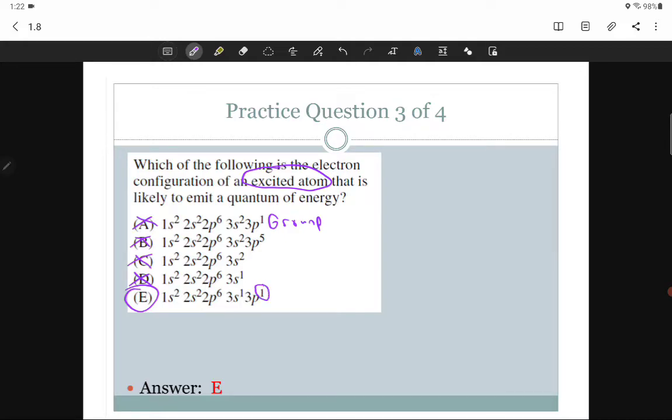This electron in the 3p1 should be in the 3s. It should be 3s2, and then this 3p would be empty, but this electron possesses enough energy to jump out of that 3s suborbital into the 3p.